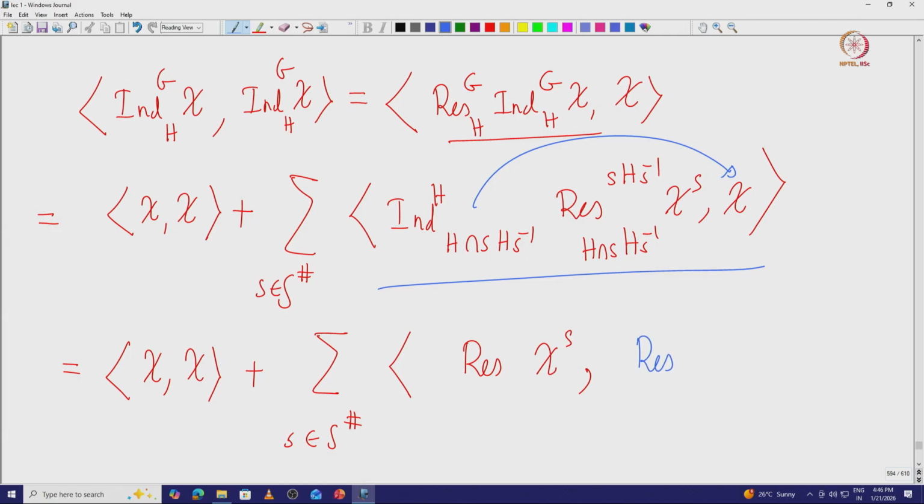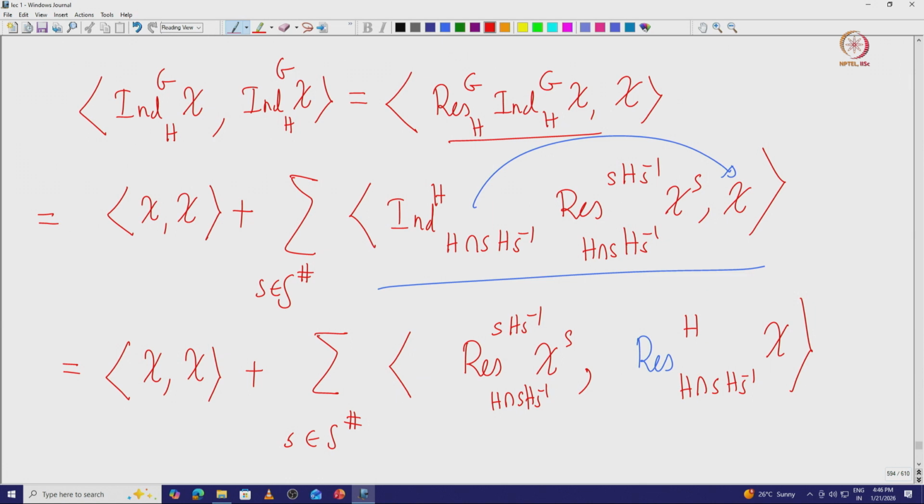So, here let us keep this S H S inverse, H intersection S H S inverse, but here this becomes a restriction from H to H intersection S H S inverse applied on chi. So, this is what we get.